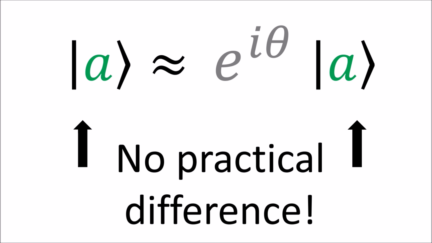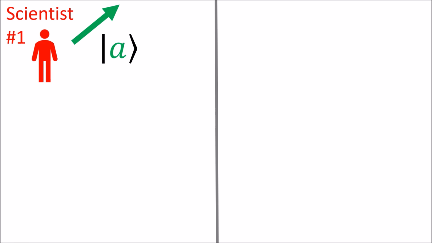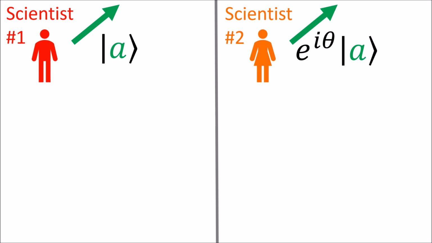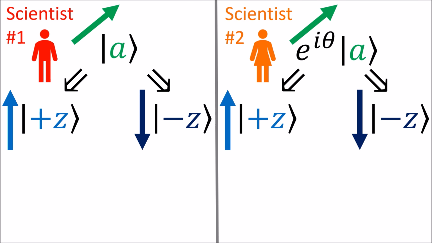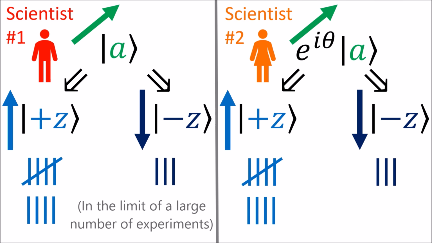In real quantum mechanics experiments, all we can do is perform experiments over and over again and keep score of the results we get. If one scientist did experiments with state A, and another scientist did experiments with state A times phase, they would find all the statistics of their experimental results are the exact same.